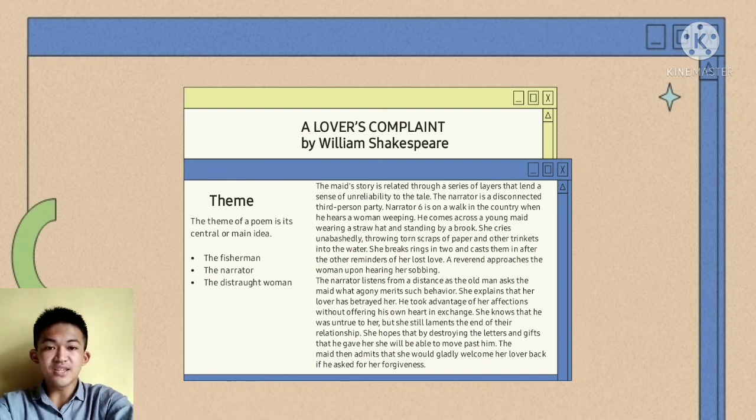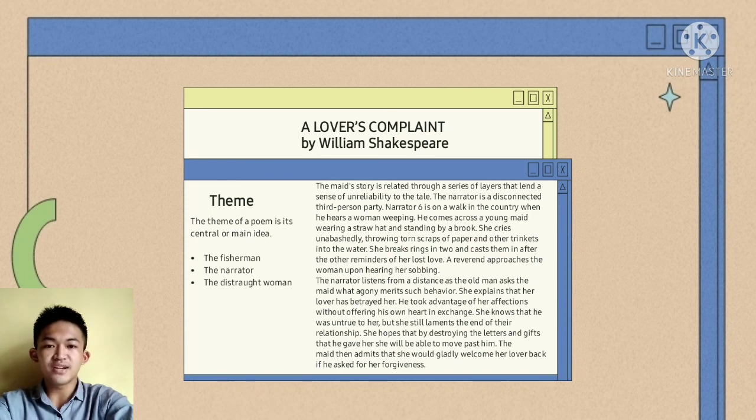The narrator listens from a distance as the old man asks the maid what exactly merits such behavior. She explains that her lover has betrayed her. He took advantage of her affection without avowing his own in exchange.